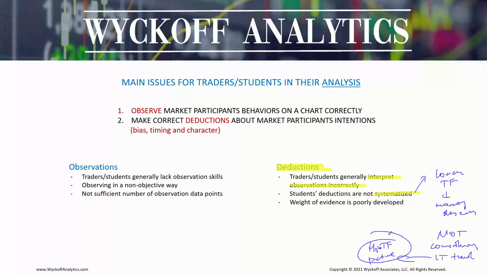So this is just an example, but it happens over and over again, almost in each class. And then we need to understand what's the weight of evidence for a specific price action. What do we give maybe more weight to than something else?